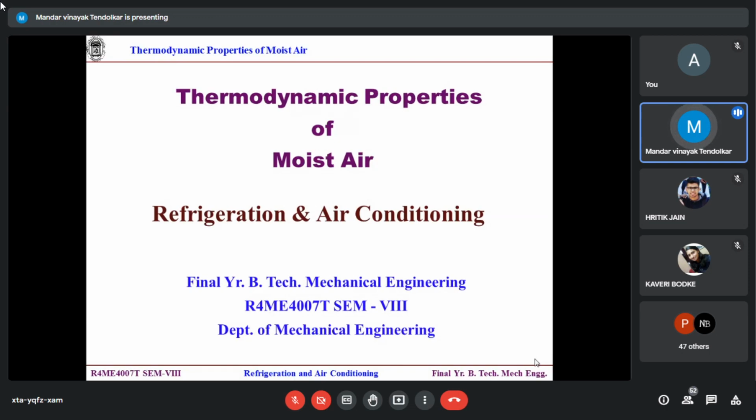Whatever we had learnt in that particular chapter, adiabatic mixing, along with heat addition and removal, all such things will be applicable over here. So whatever physics we had learned in that chapter, now we are going to employ the same logic for a working substance in the air conditioning unit, that is moist air.